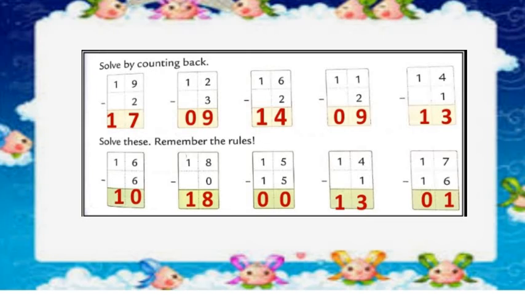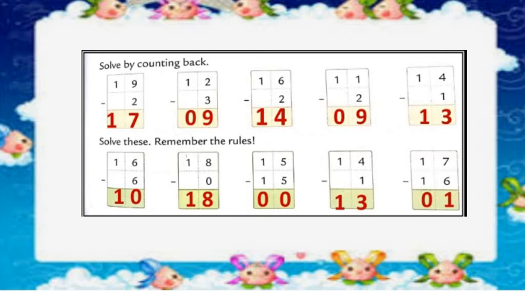Next is 17 minus 16. Everyone, copy the sum. Now, keep the bigger number in your mind. You can see that here number 17 is the bigger number.